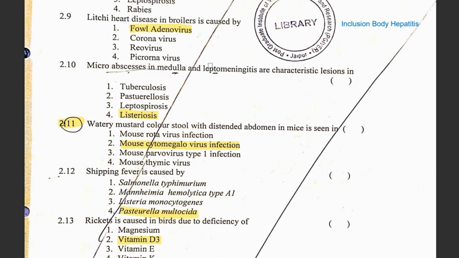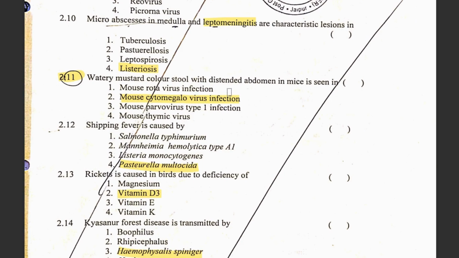Don't get confused reading leptomeningitis and think leptospirosis. Microabscess in brain, cold enrichment, and tumbling motility is always listeriosis. Okay, let's move on. Watery mustard color stool with distended abdomen in mice is seen in mouse cytomegalovirus infection.